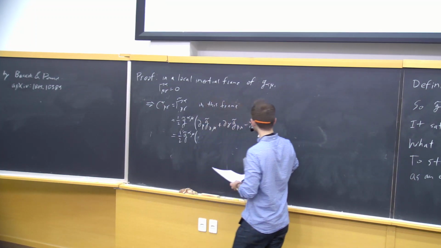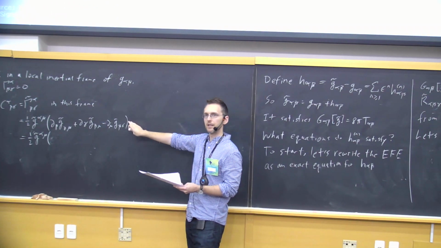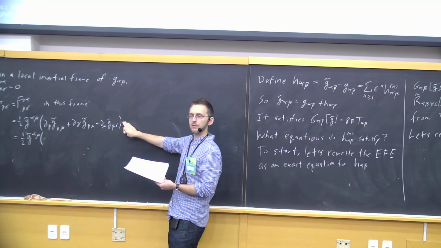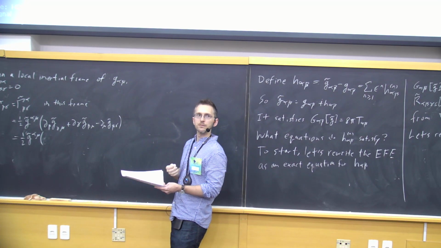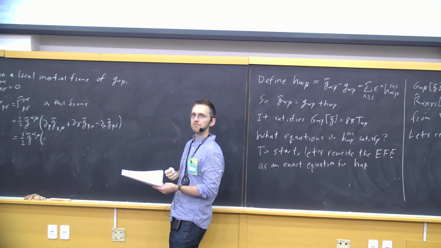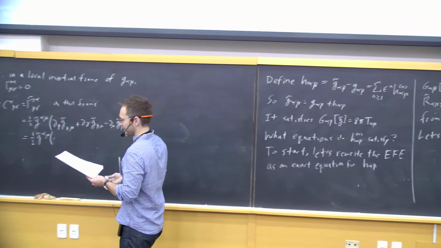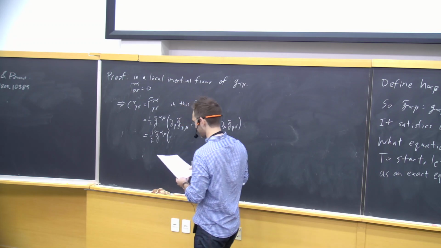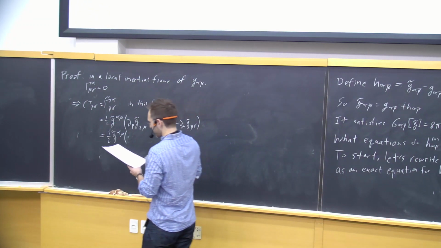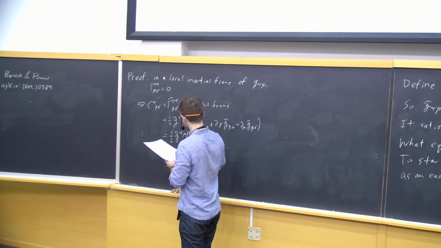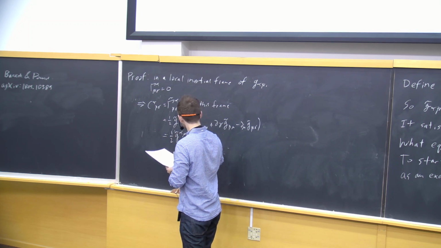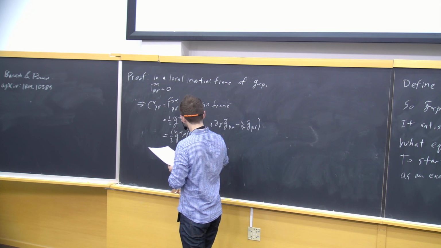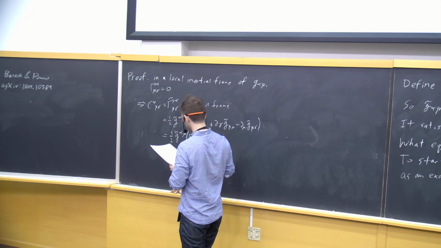And I'm assuming that all of you have studied GR to the extent that you would know this is the formula for the Christoffel symbol. Is that right? Well, it is, okay. So this is just the standard formula for the Christoffel symbol of a metric. Now I'm going to replace those partial derivatives with covariant derivatives.